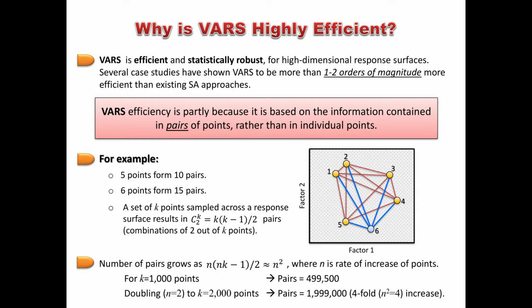So the number of pairs geometrically increases by increasing the number of points. In other words, the rate of increase in the pairs is n squared, when n is the number of points. And here are examples. For 1,000 points, you get 500,000 pairs. For 10,000 points, you get 100 million pairs. And just by doubling that, you get close to 2 million pairs.